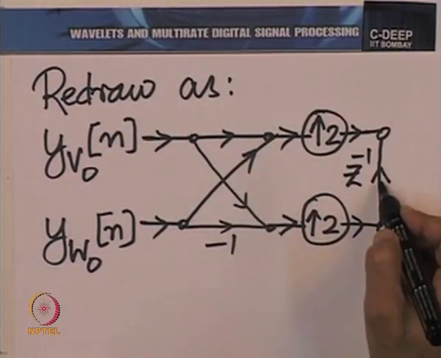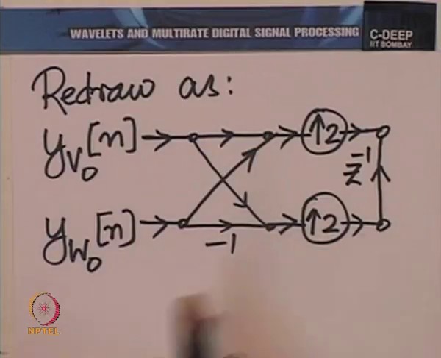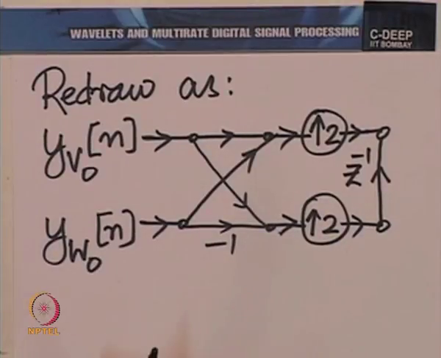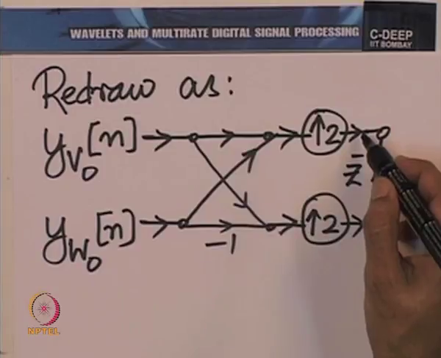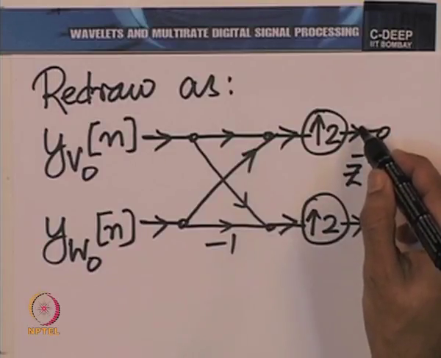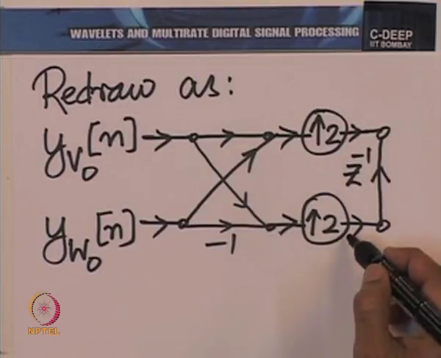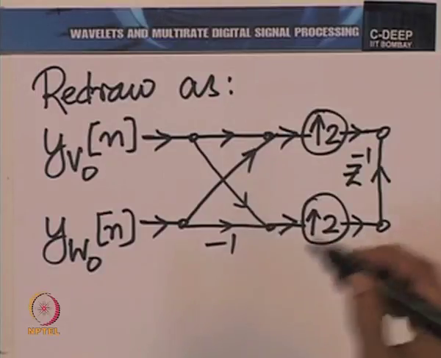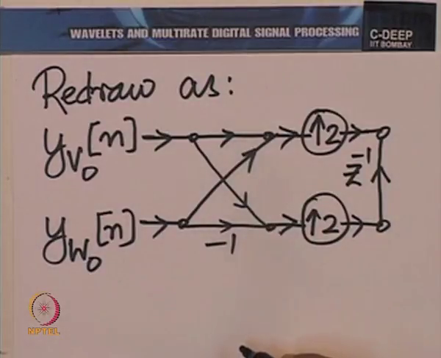What does this z to the power minus 1 do? It shifts this by one step forward. So, if you notice, at the 2nth point it is this which will come, and this would come not at the 2nth point, but at the next point, the 2n plus 1th point.